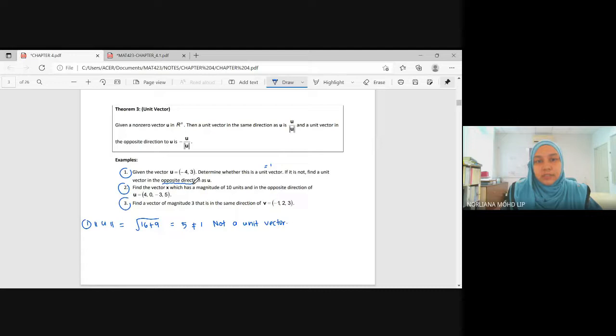Opposite direction, so negative u over the magnitude of u. So, equal to negative 24.3. Okay, did you get the same?